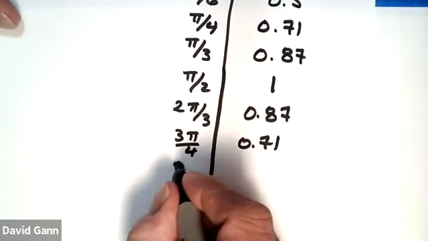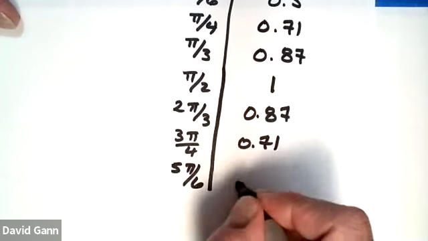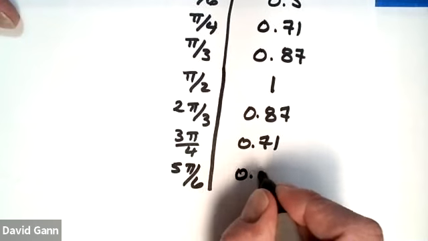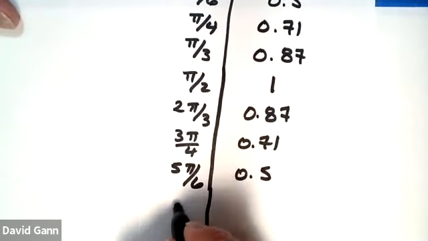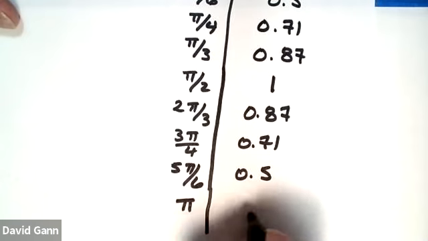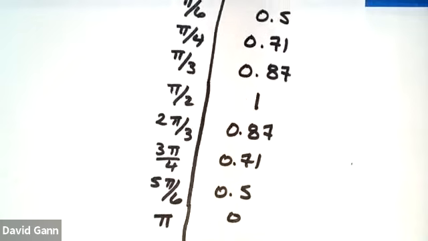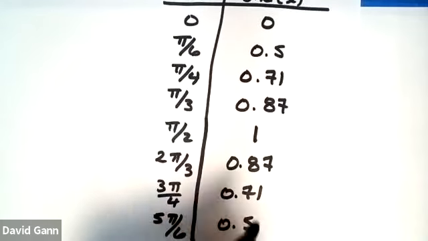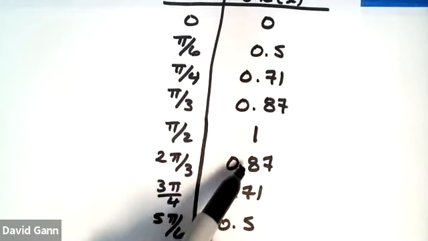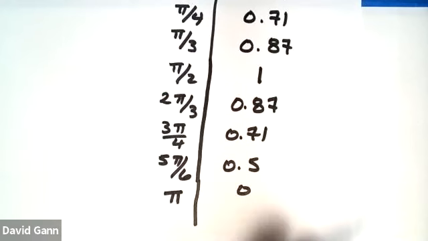The next known quantity is 5 pi over 6, which has a value of 0.5. And then finally, we get to pi. And the sine of pi is a value of 0. Now, at this point, you can see that it has kind of gone up and then gone down, right?